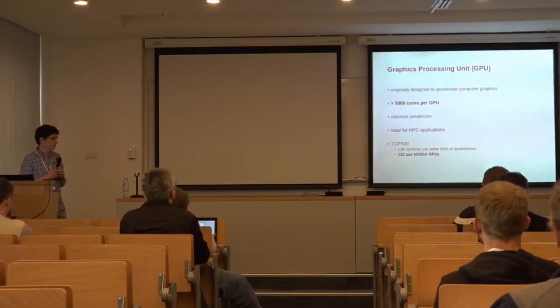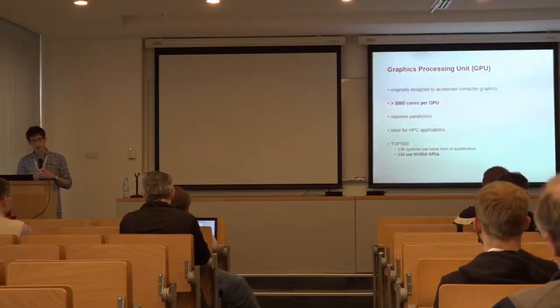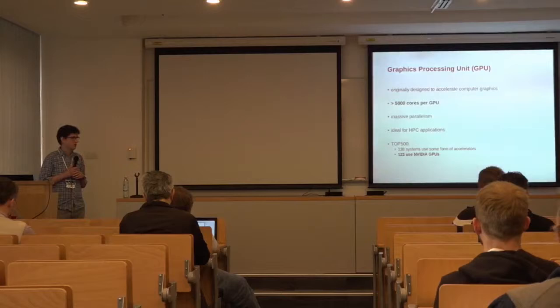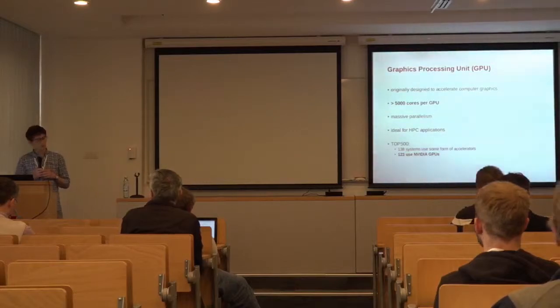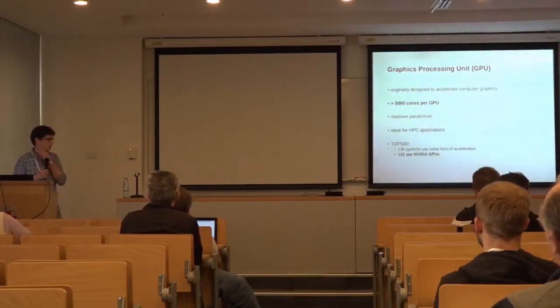So what are GPUs, just briefly? They were originally, as their title says, graphics processing units, designed to accelerate computer graphics. And because they are so specifically designed, they have a lot of cores, in the order of thousands per GPU, because they process pixels individually.